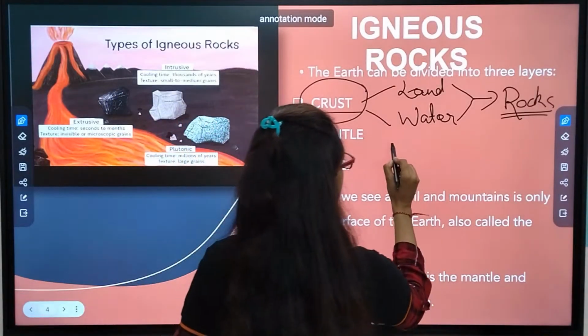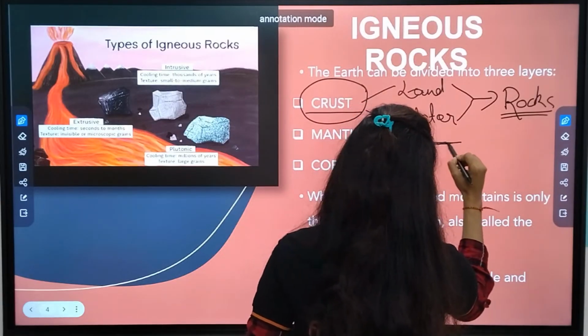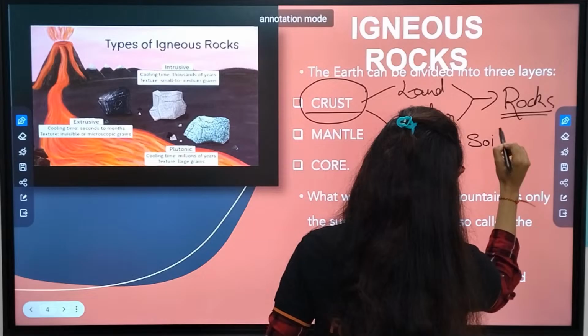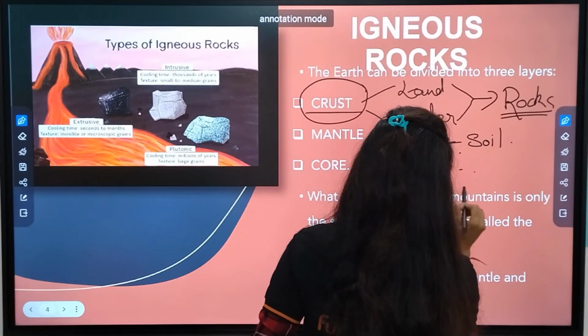Obviously, every surface has an upper layer. Suppose this part you see is the soil. Beneath it, there are different layers of soil.